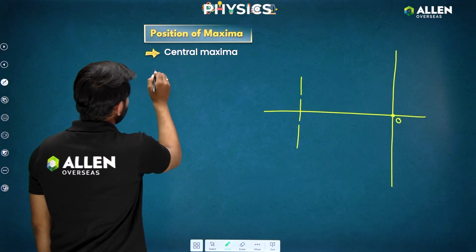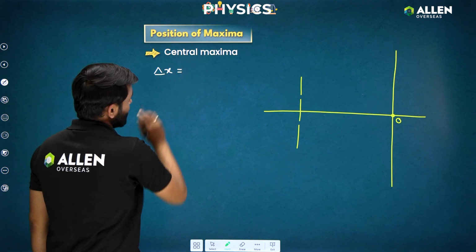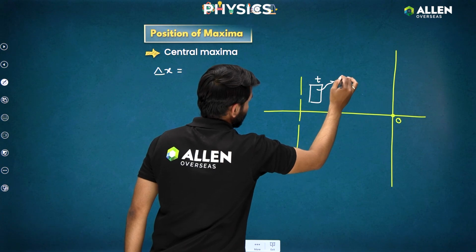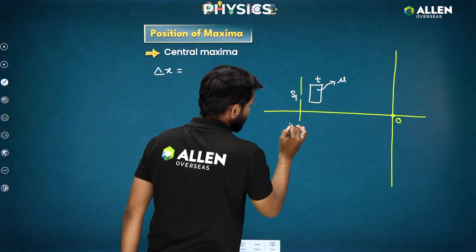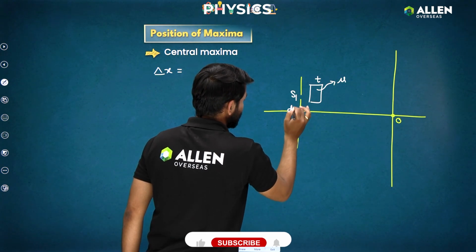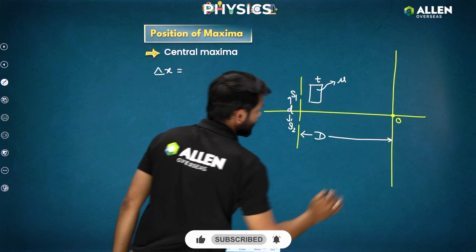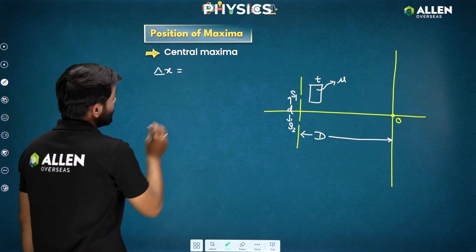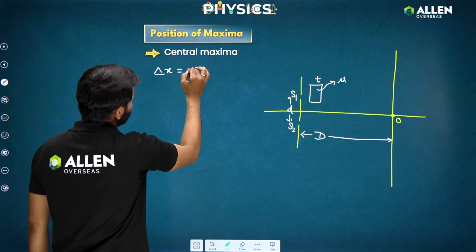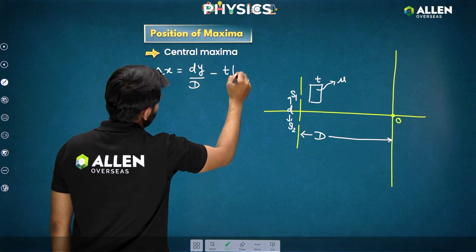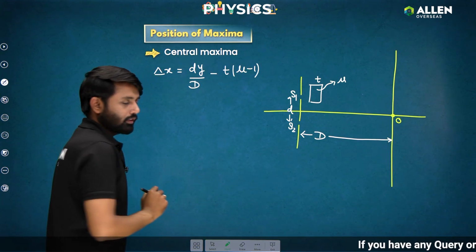And there is a slab here, of thickness t and refractive index mu. This is S1, this is S2, and this is small d, and this is capital D, right students? So if you write, delta x is small dy upon capital D minus t(mu minus 1). This is your delta x.